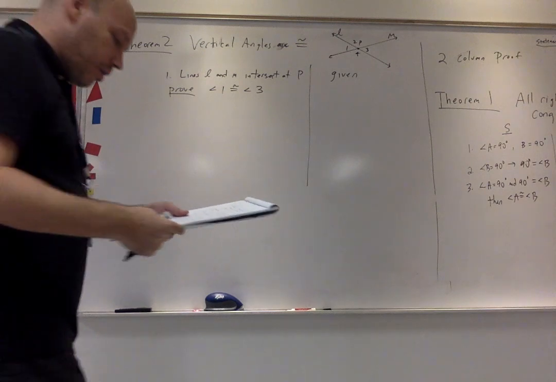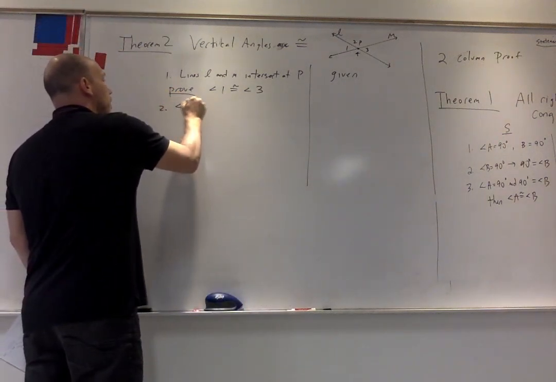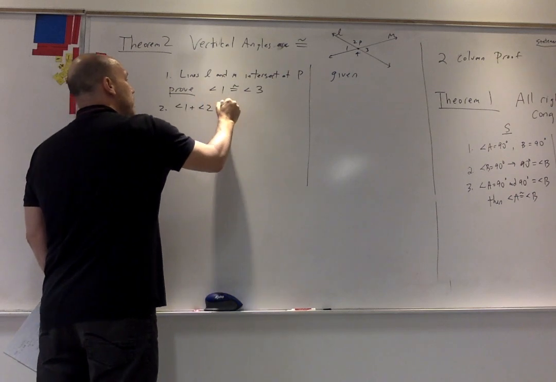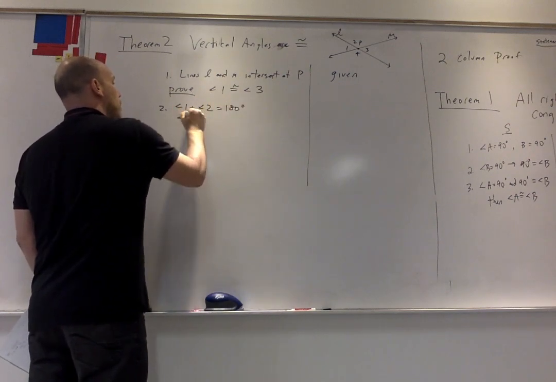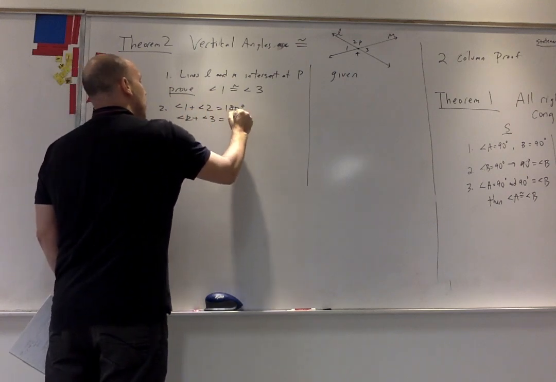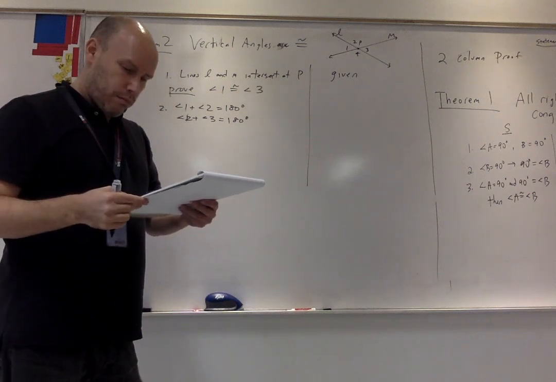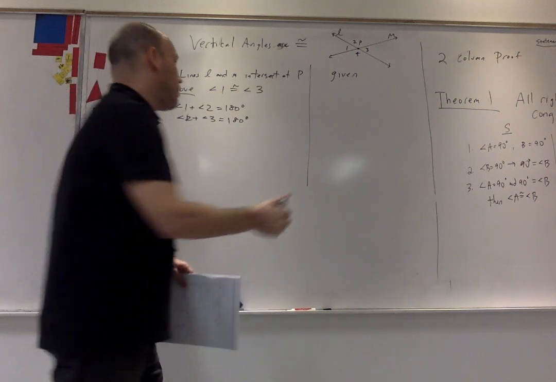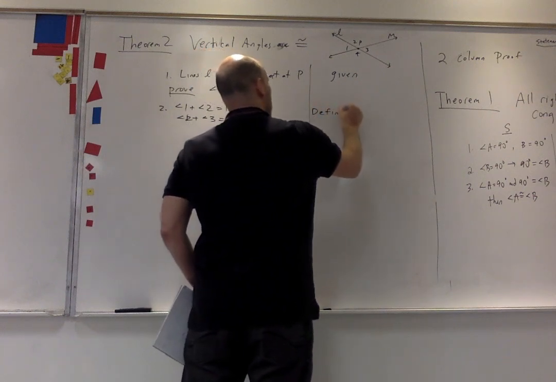What do you think? Well, number 2. Angle 1 plus angle 2 is equal to 180 degrees. Angle 2 plus angle 3 is equal to 180 degrees. Why? Definition of linear pair.